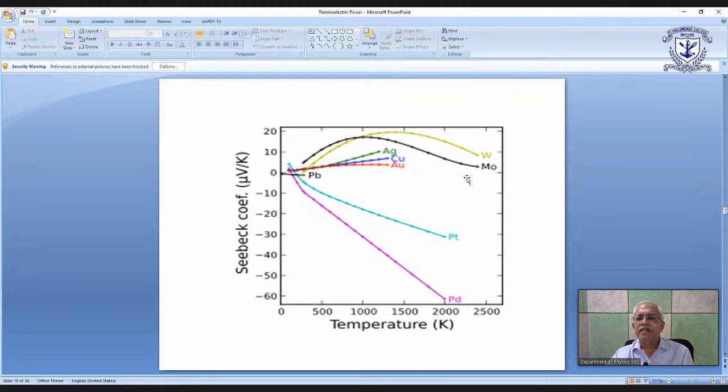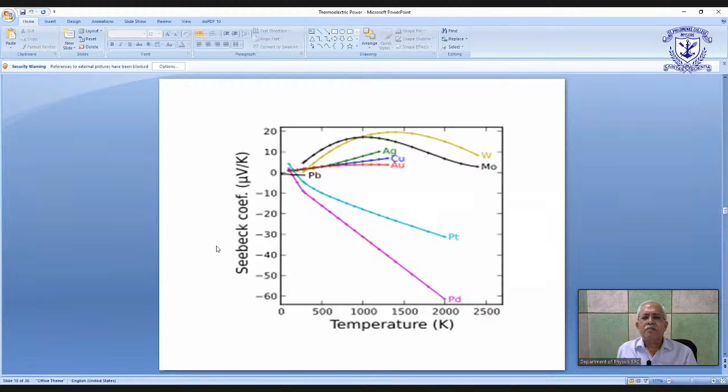Other materials like tungsten have a very interesting behavior. The Seebeck coefficient is positive for a large temperature range, so also for molybdenum. But these show a maximum value for the Seebeck coefficient. So we see that the temperature dependence is not a simple thing for metals, and the reason for that is the band structure of those metals.